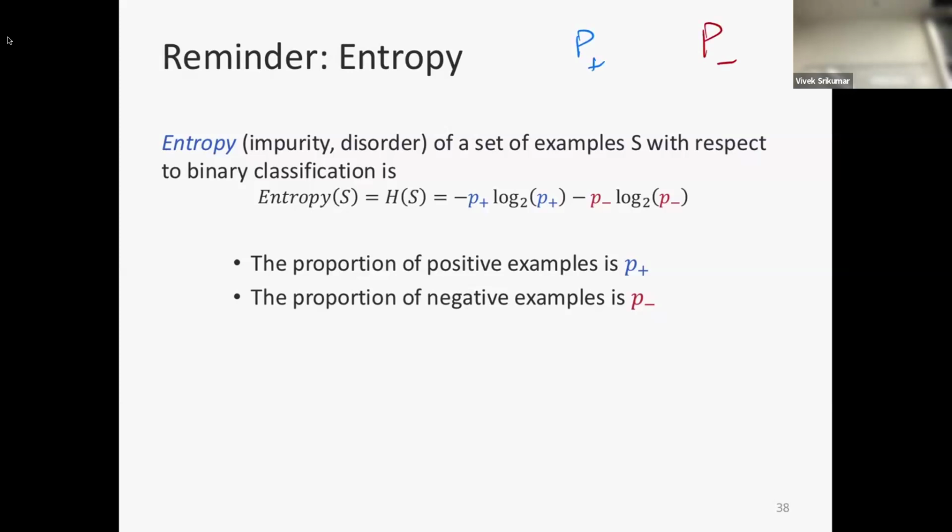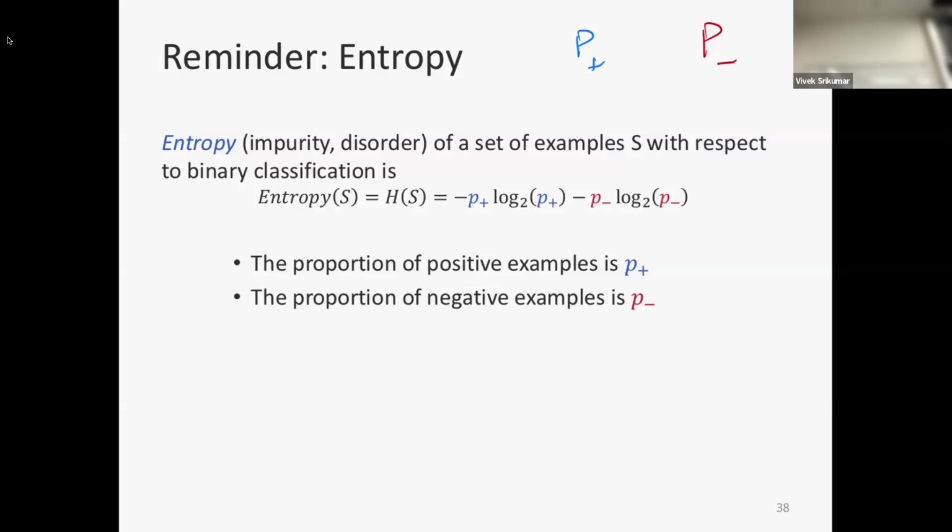So p plus and p minus together add up to 1. The goal here is to identify how pure or impure this data set is with respect to the labels.